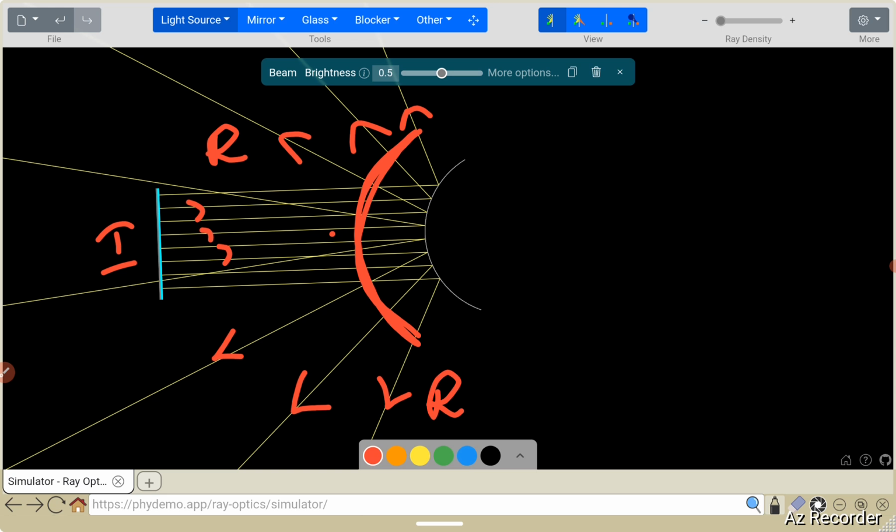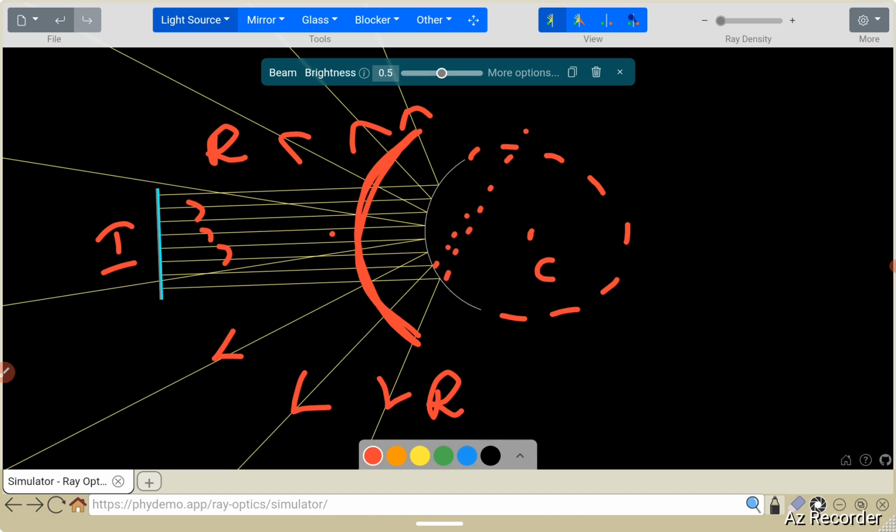Understood? So what is the imaginary sphere we have for the concave mirror? Here. Understood? Now the center will be here. Now if you extend these reflected rays, just extend them, like this.